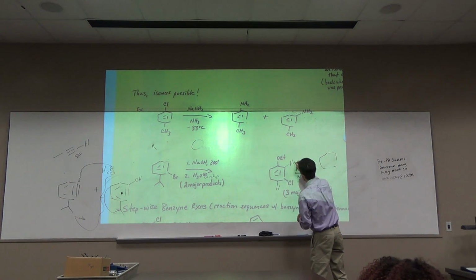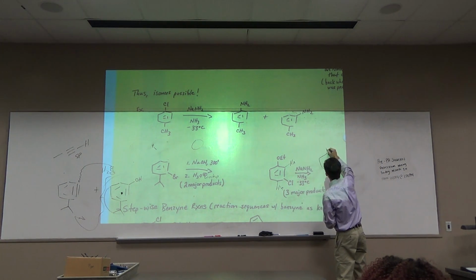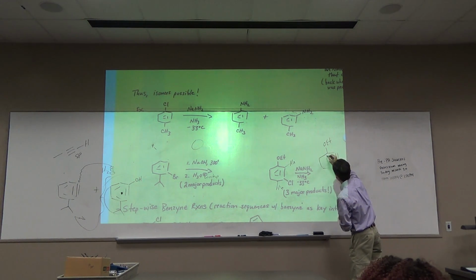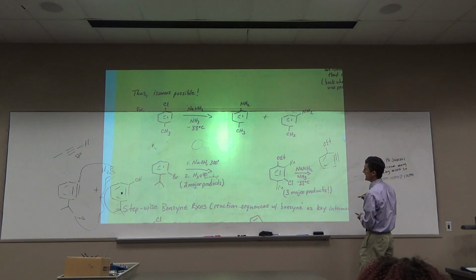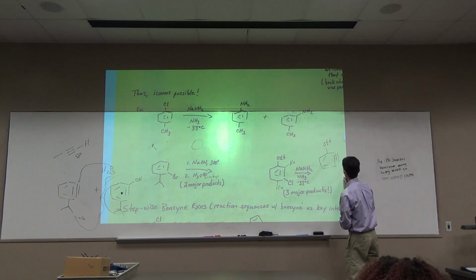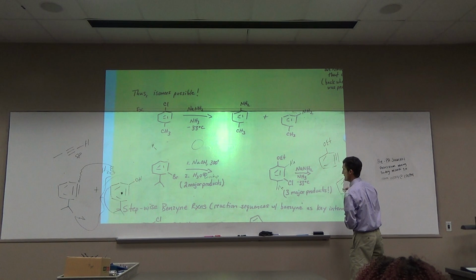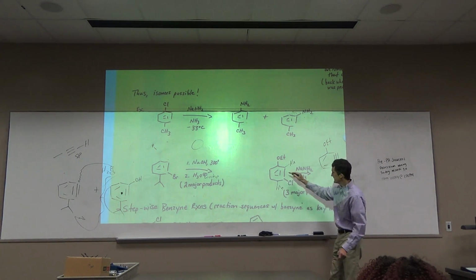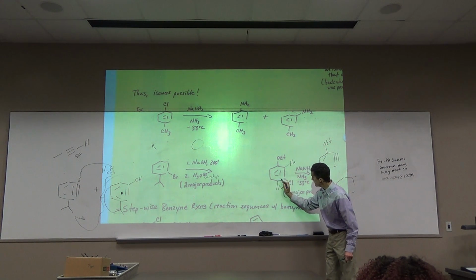If it takes HA, we're going to get that benzyne. If it takes HB, now again, see these are drawn in, we can get the triple bond here.